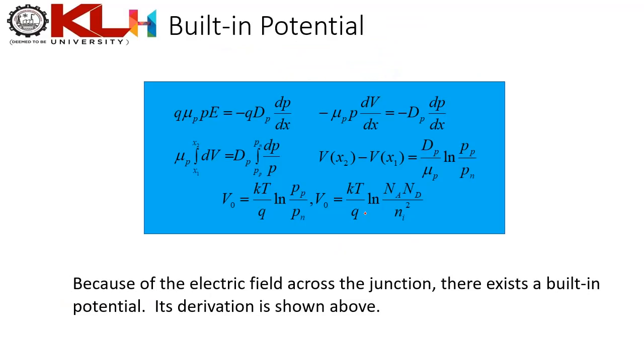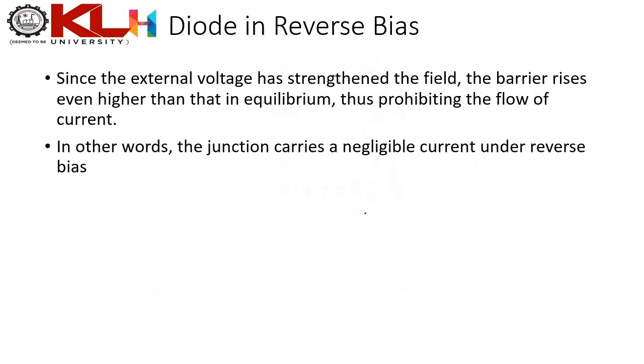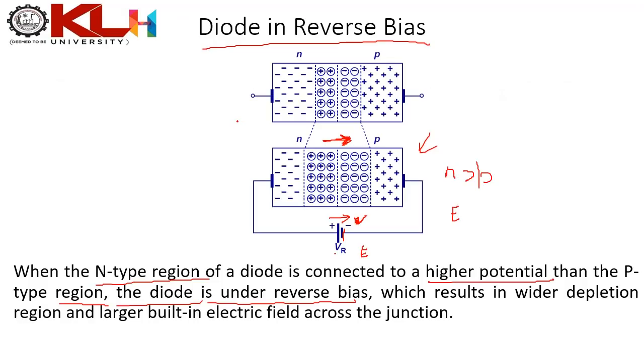So in effect, the external voltage strengthens the built-in electric field, and the depletion region width, as you can see in the slide, actually increases. So if this is the depletion region width in equilibrium, when you reverse bias it, what do you see?